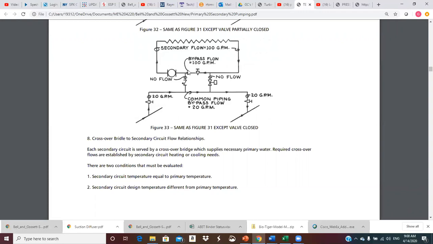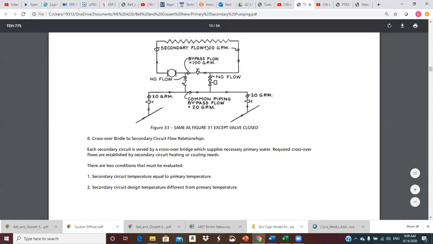This condition on this figure is where this valve is shut, but if we're pulling 20 up here, we would have 80 bypassing, it would mix, and that would give us our design temperature that goes out to the air handler or heat exchanger up here.